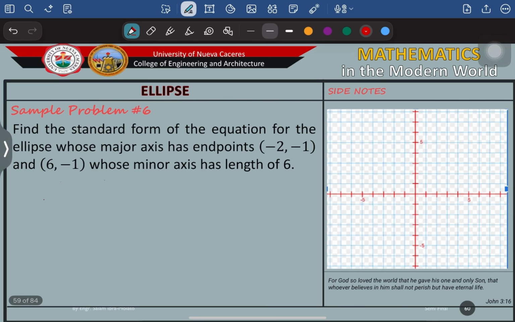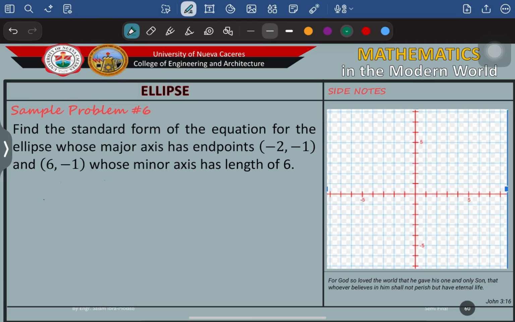Next, find the standard form of the equation for the ellipse whose major axis has endpoints (-2, -1) and (6, -1), whose minor axis has a length of 6. So for us to be able to visualize it, let's plot it in our graph.